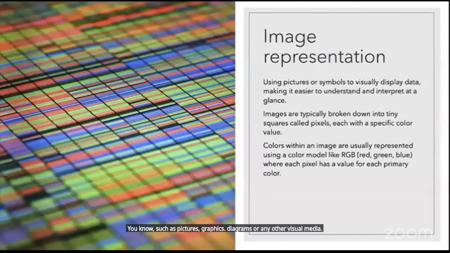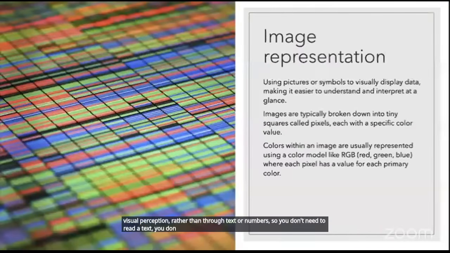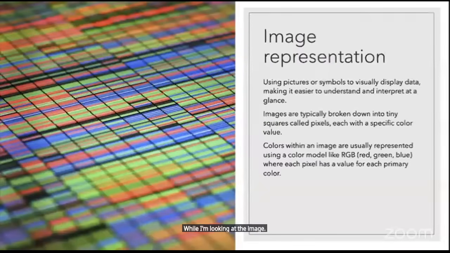This representation translates information into a format that can be interpreted through visual perception rather than through text or numbers. So you don't need to read the text, you don't need to study numbers, but looking at the image or visual representation, you're able to perceive what is there.